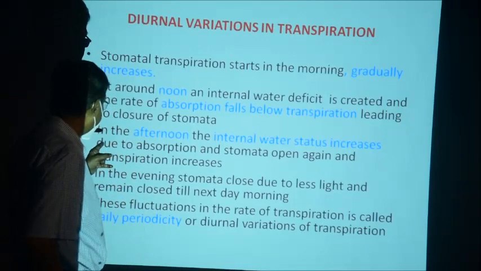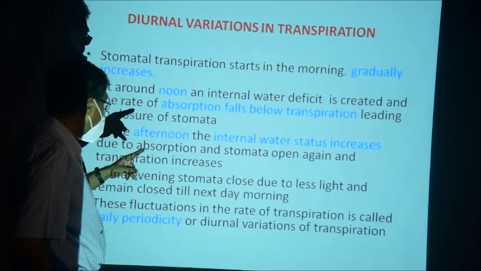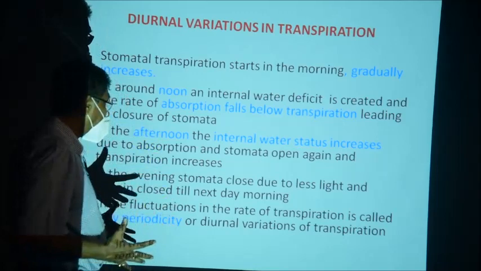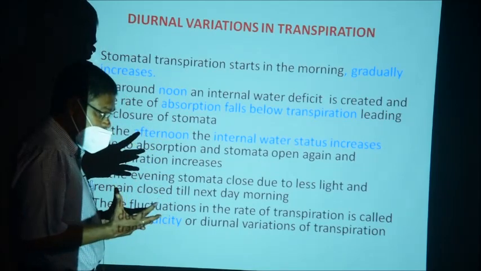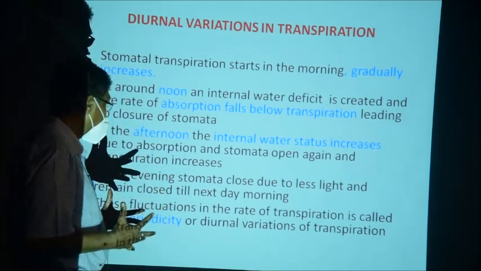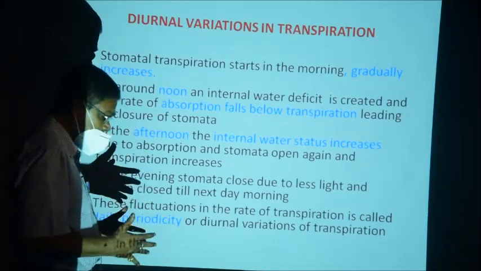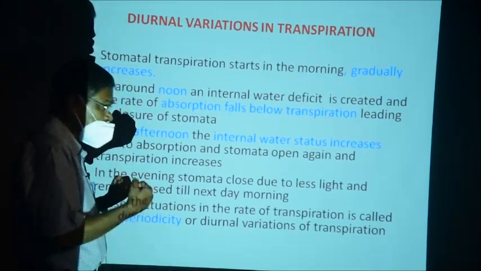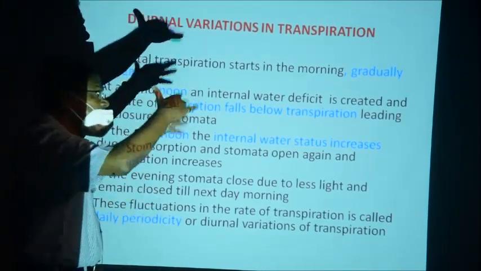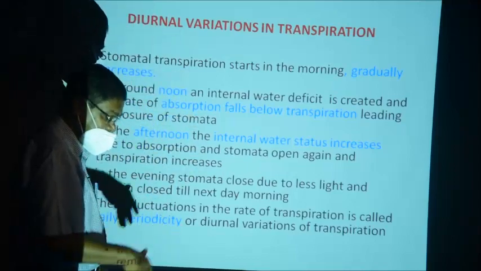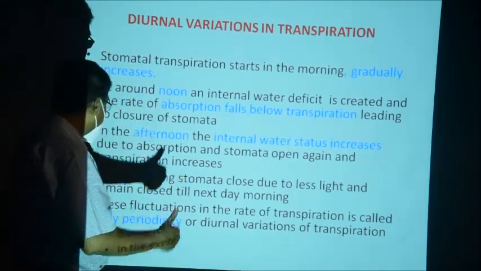Now, you can find here that at around noon inside the plant there is a deficit of water because absorption is below transpiration. There is more transpiration because of heat and sunlight, and there is less absorption.